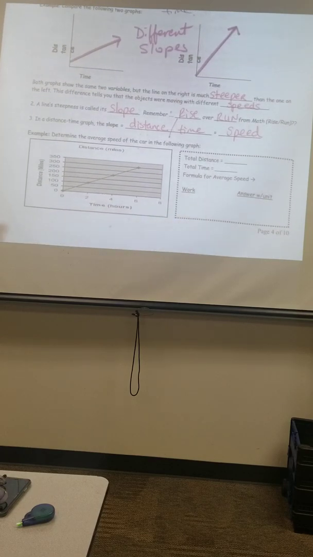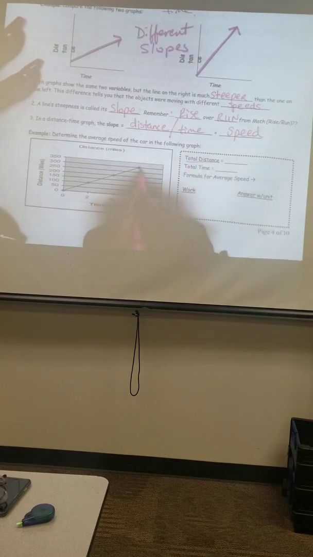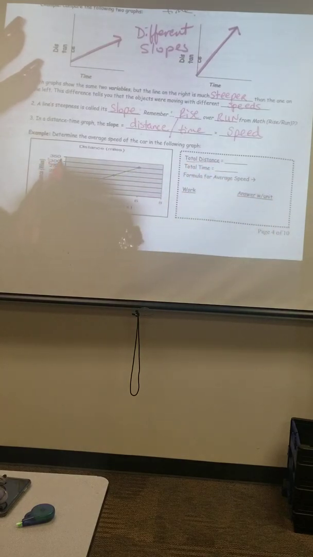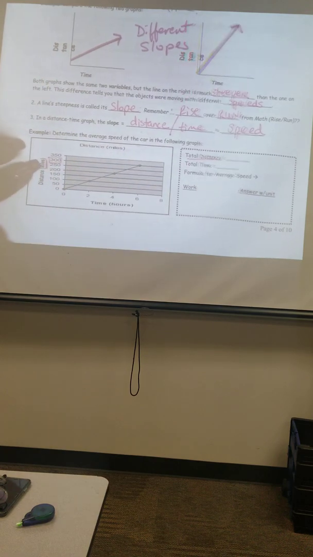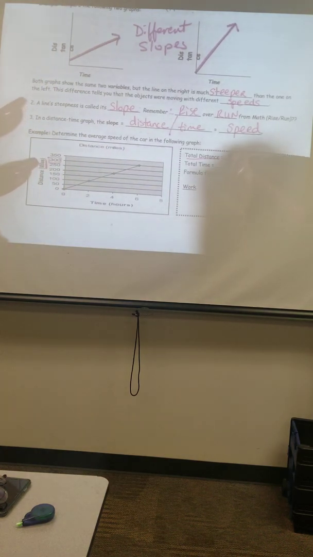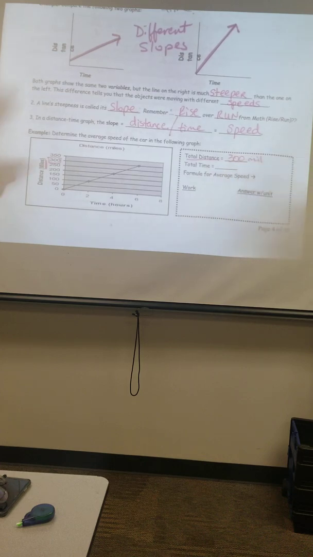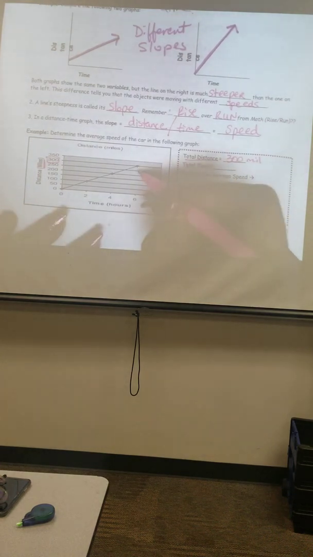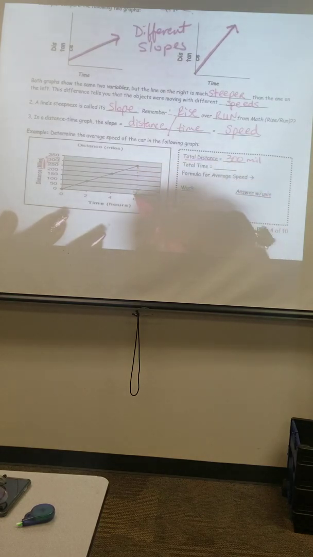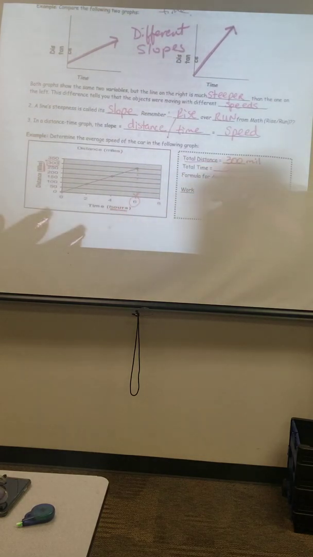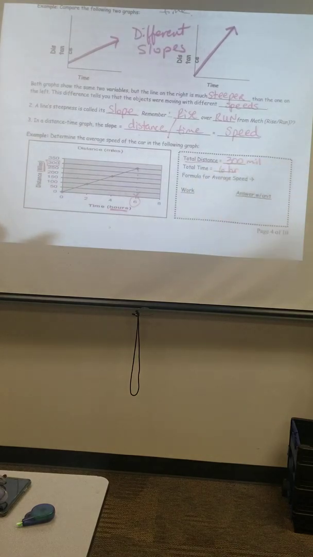Few examples. It says here, determine the average speed of the car in the following graph. Looking at this graph, they're asking me for the total distance my object traveled: a total distance of 300 miles. Total time: the time that it took was 6 hours.